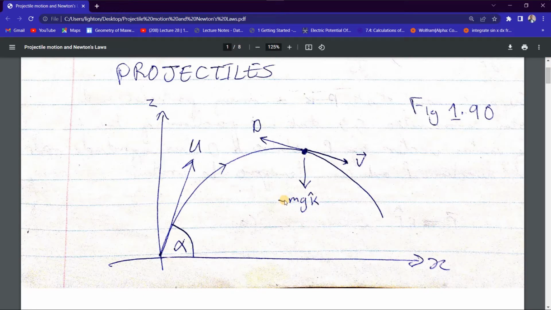Now this negative is appearing because we've chosen up as positive, but we know that gravity always points downwards. That's why it has a negative here. So this is our xz axis. We're using this as the x, and this we've made as the z axis.